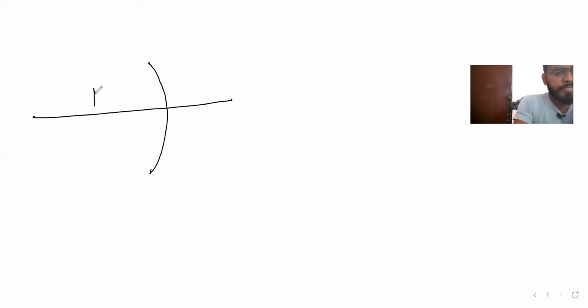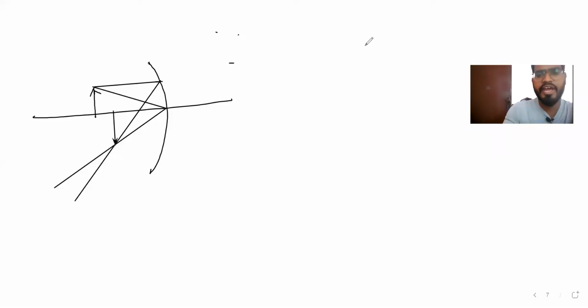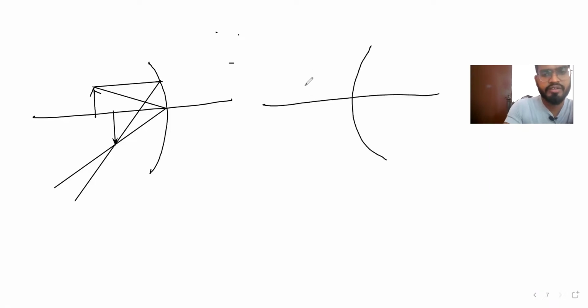Suppose the object is here, and if you consider a concave mirror like this, what happens is incident ray, reflected ray.